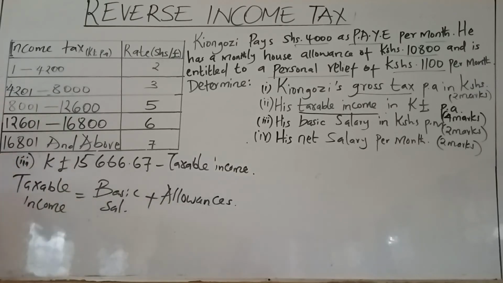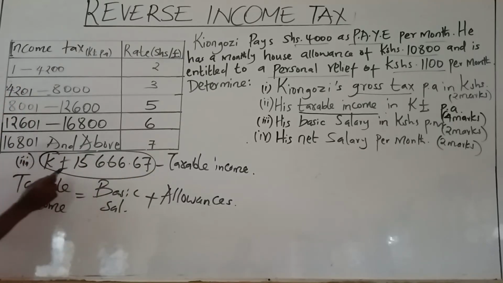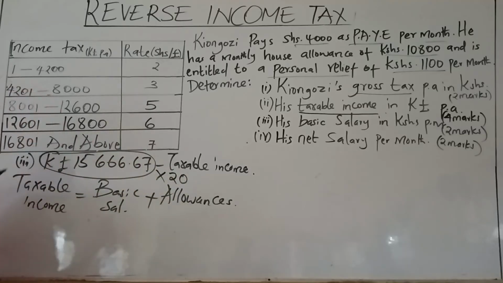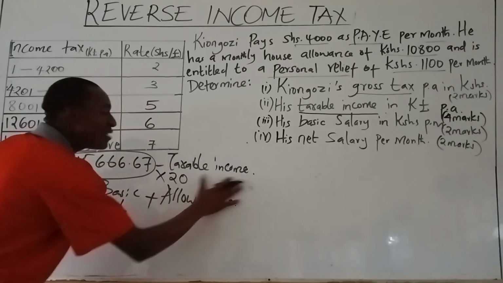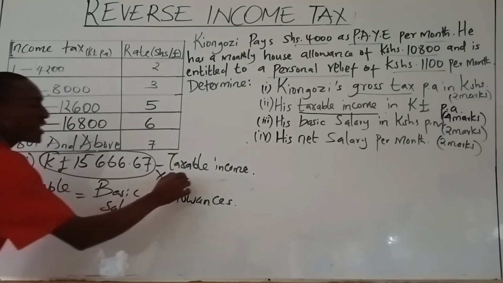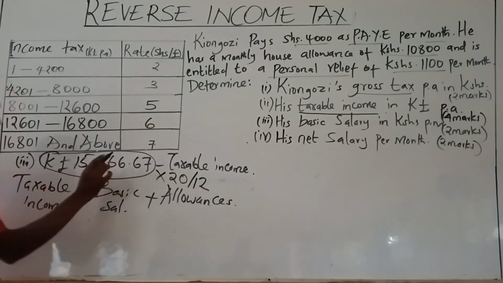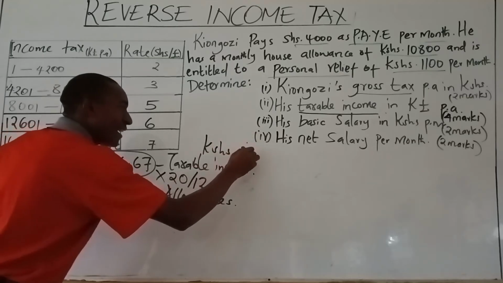But before we do that, we have to convert this money into per month. It is in pounds. We multiply with 20, make it shillings, and of course, divide by 12, because this is per annum. So we multiply with 20 over 12 to make it shillings per month.